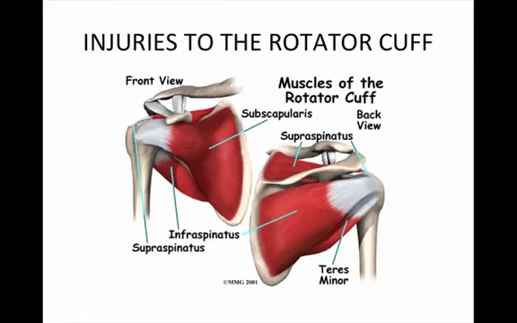Shoulder injuries. So before we get into the shoulder injuries, let's just go over the muscles of the rotator cuff. So don't forget, we have the SITS muscles. We have the supraspinatus, which is the first S, the infraspinatus, which is right here. So supraspinatus is up here, okay, right here as well.